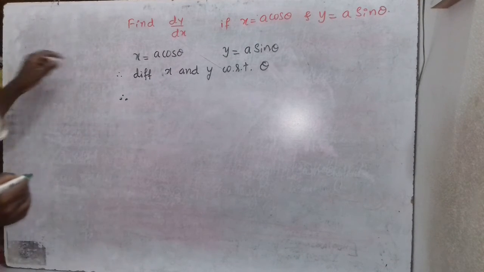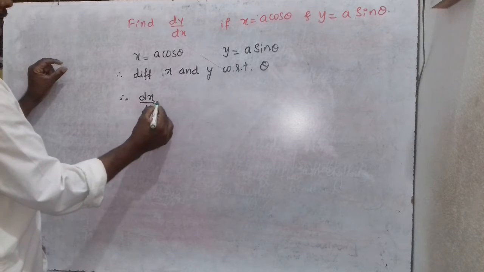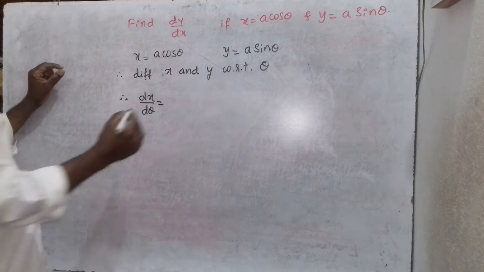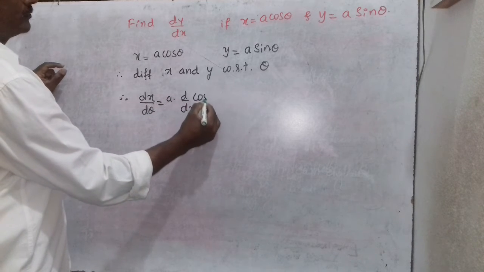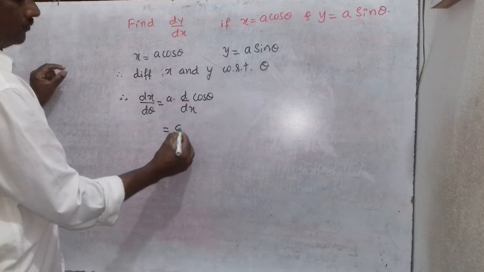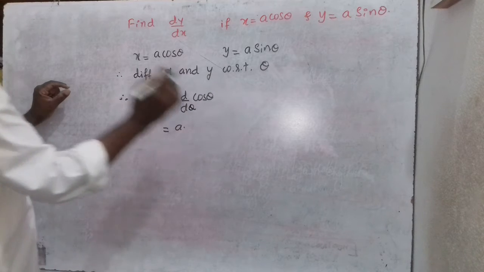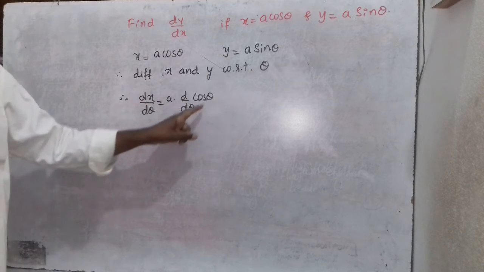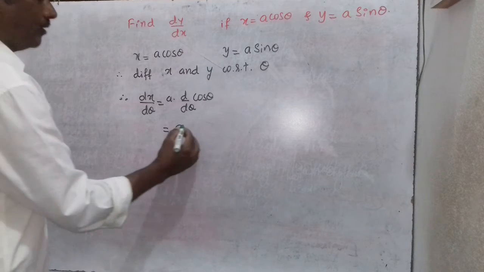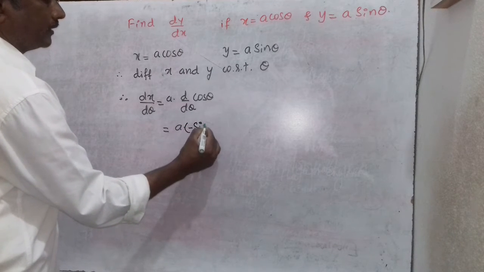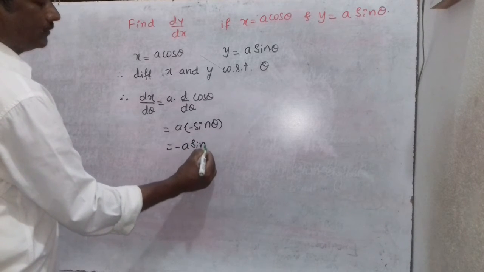Therefore dx upon d theta equals a d by d theta of cos theta. The derivative of cos with respect to theta is minus sin theta. This equals minus a sin theta.